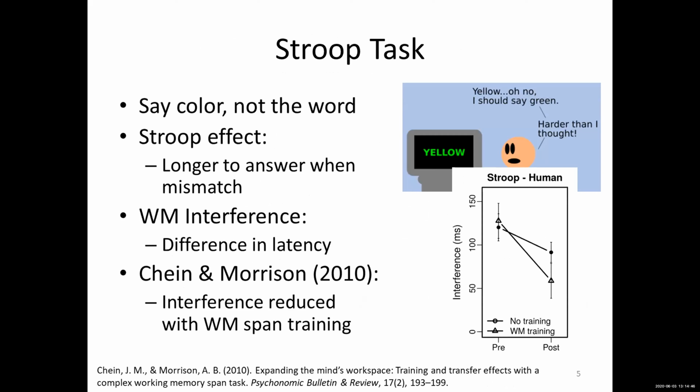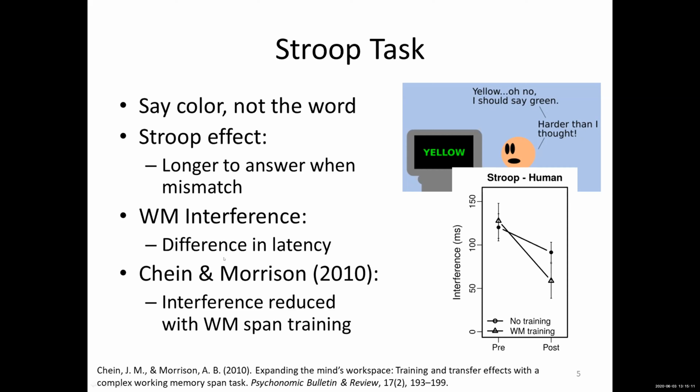And then there's the Stroop task, which I explained before. You're supposed to say the color and not the word that's written in the text. A well-established effect when humans do this is that it takes us longer to answer when the text and the color mismatch. And we can describe working memory interference as the difference in how long it takes us to respond between when these mismatch and when they match.